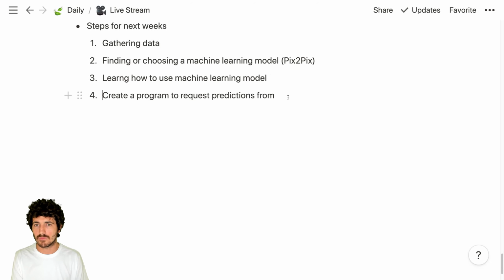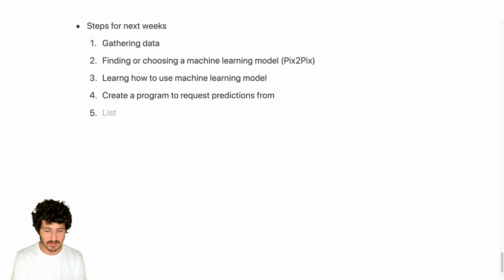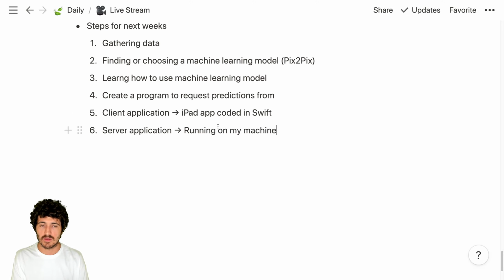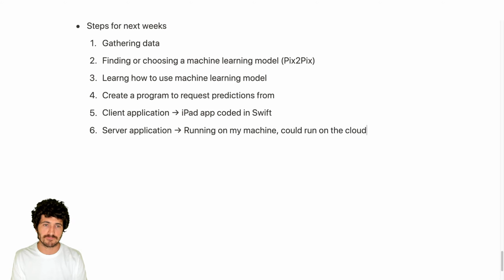And then what I had to create in this system as well, and this is not something required all the time, is first a client application. In this case it was an iPad app coded in Swift, and a server application that was running on my machine, could run on the cloud, and was written in Golang, right?